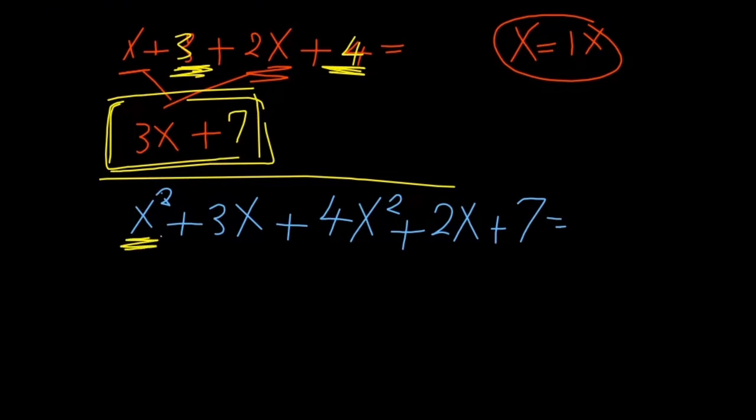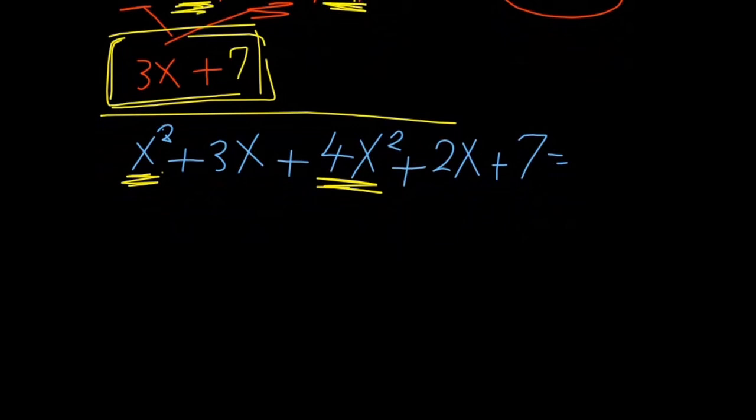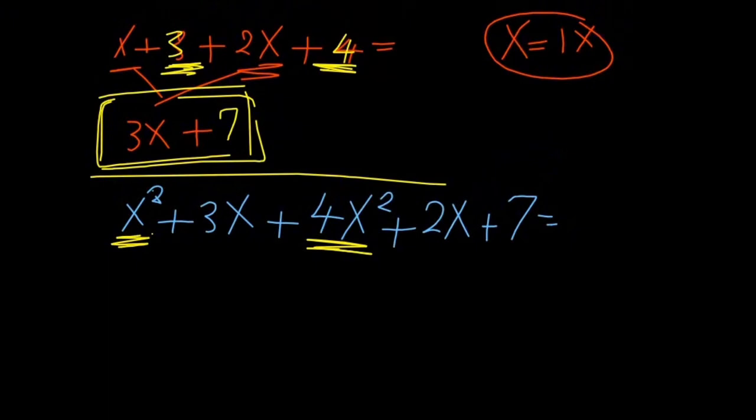So here we go. What do we have here? We have x squared. We're going to take it with 4x squared. As we said before, x is 1x, and I'm going to say the same for x squared, it is 1x squared.